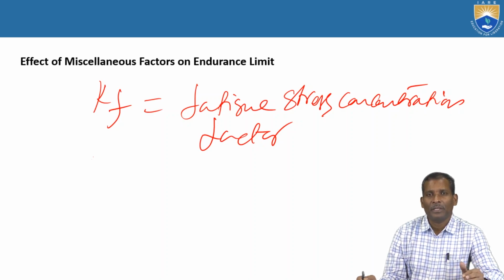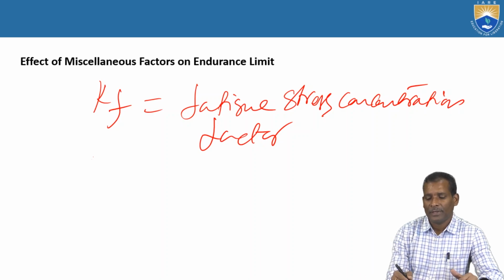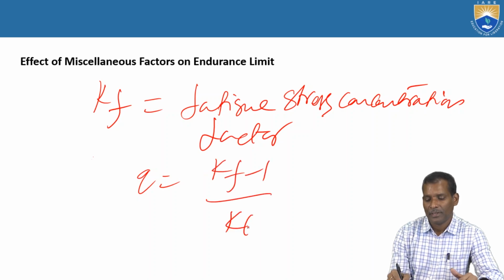Sometimes you may get this value by using the notch sensitivity factor or the theoretical stress concentration factor. We have already studied this relation in earlier sessions. Notch sensitivity Q is equal to Kf minus 1 by Kt minus 1.